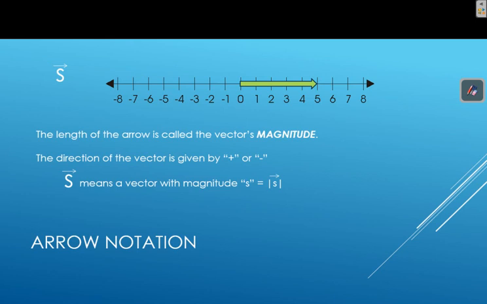Because the vector could point negative, in which case it would be a negative number. However, the magnitude will always be positive, and that's why you take the absolute value of it. By saying that vector S equals plus 5 units, we know the magnitude and the direction of the vector.